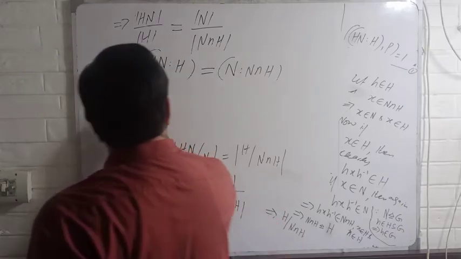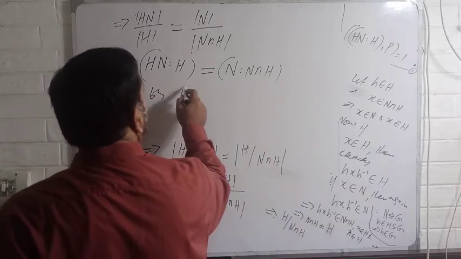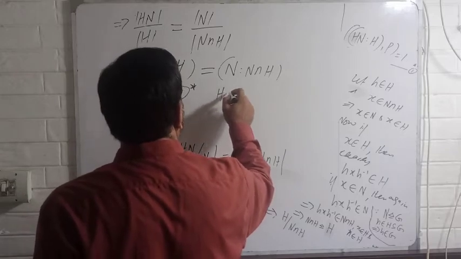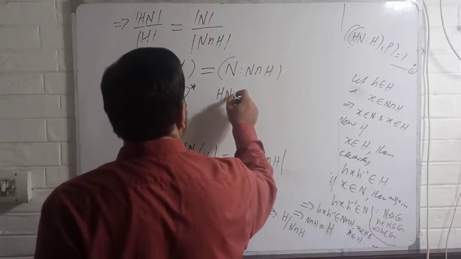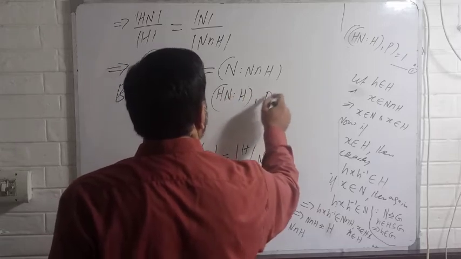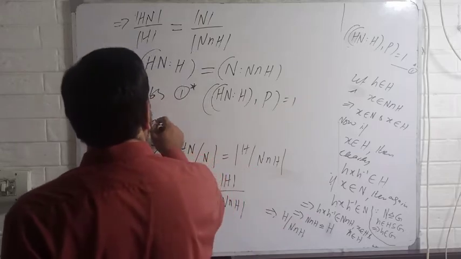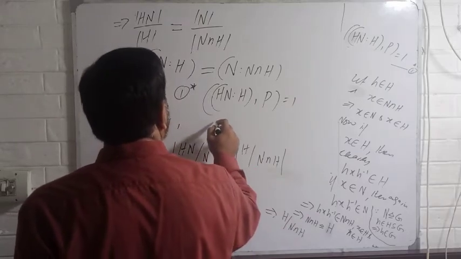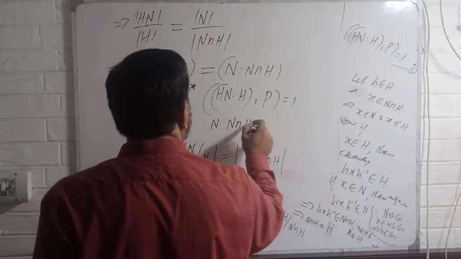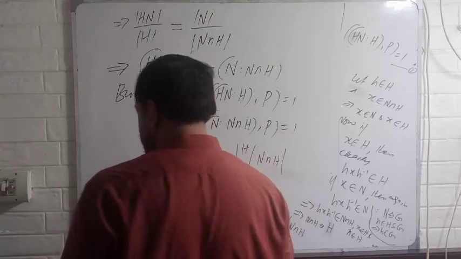Backed by star, the index of H in HN with P is 1, hence the index of N intersection H in N with P is also equal to 1.